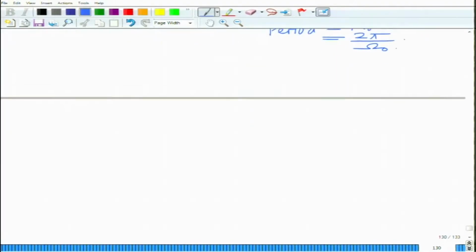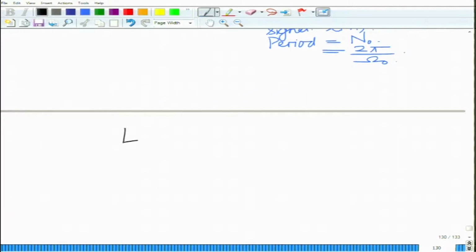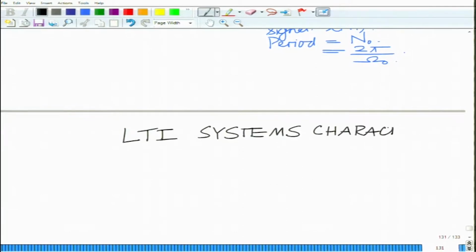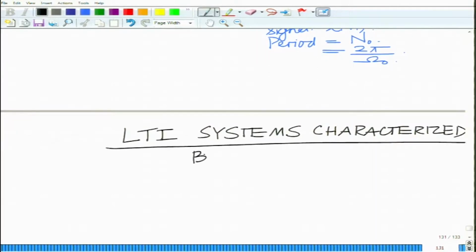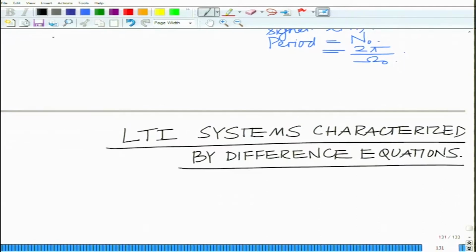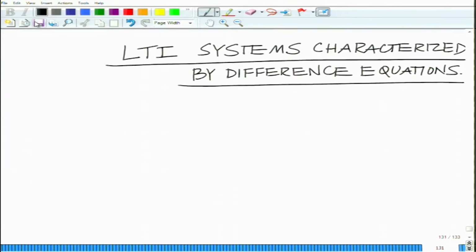And finally, let us now look at discrete time LTI systems characterized by difference equations, similar to what we have seen before.